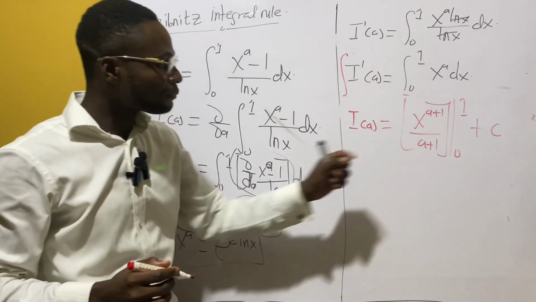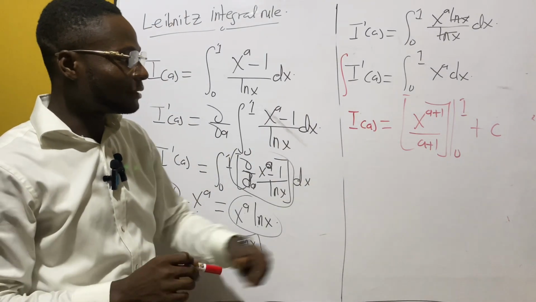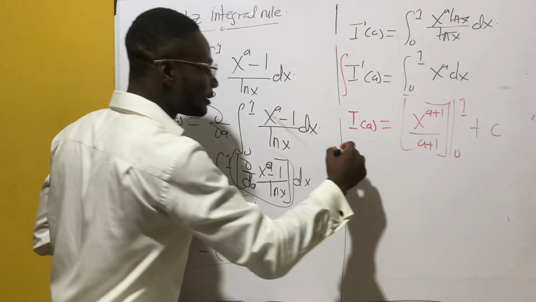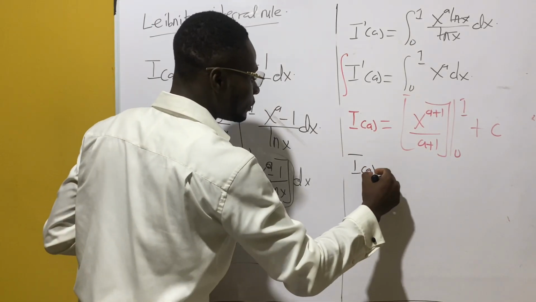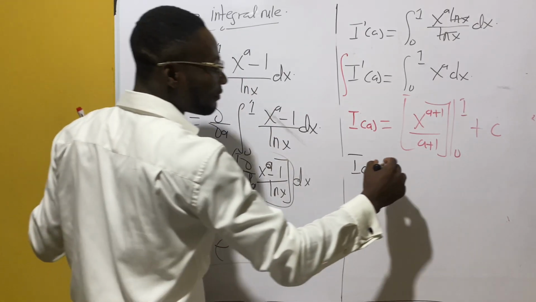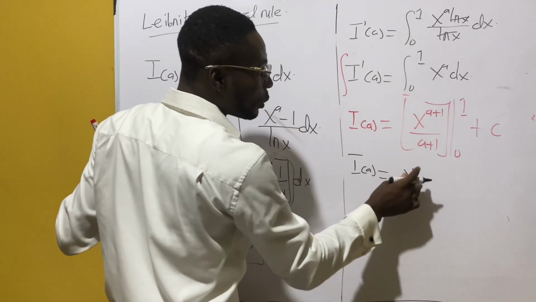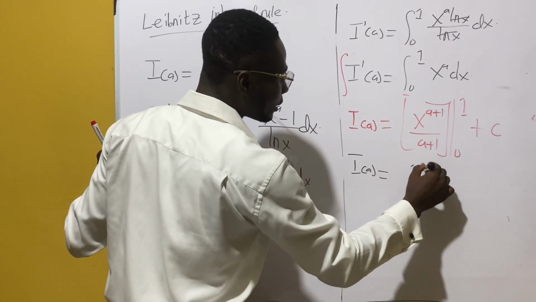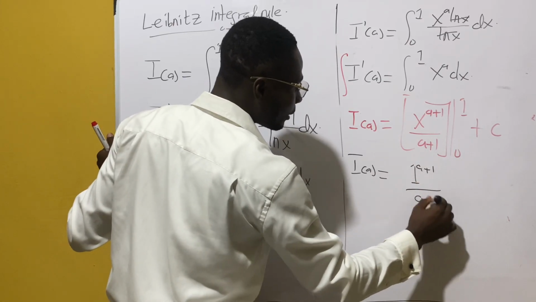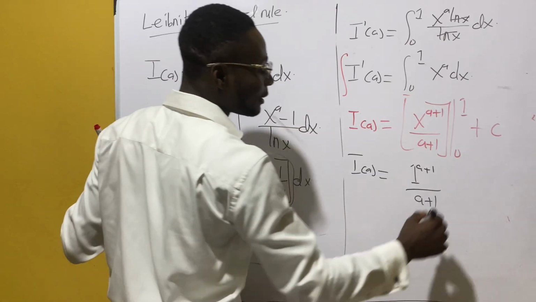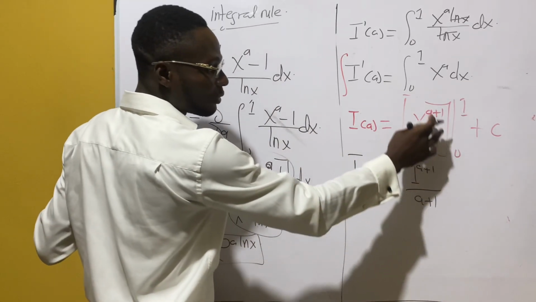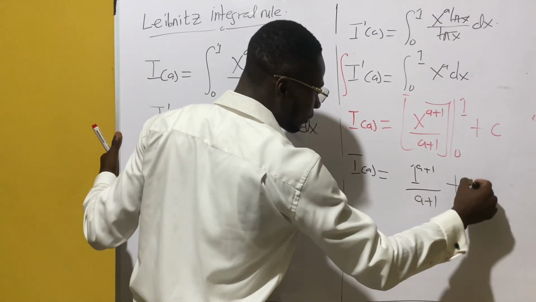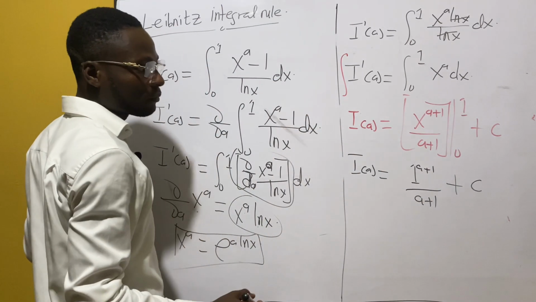What we do next is substitute the limit. Putting in the limit, x is 1, so we have 1^(a+1) over a + 1, minus 0, because 0 of everything is still 0, plus our constant of integration.